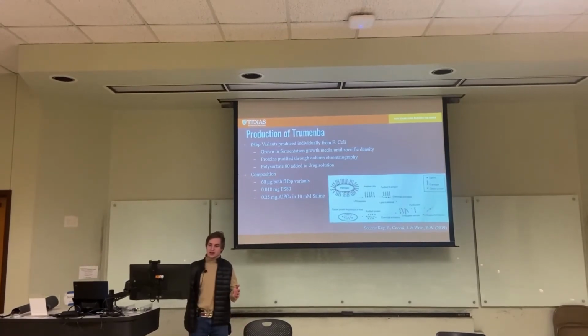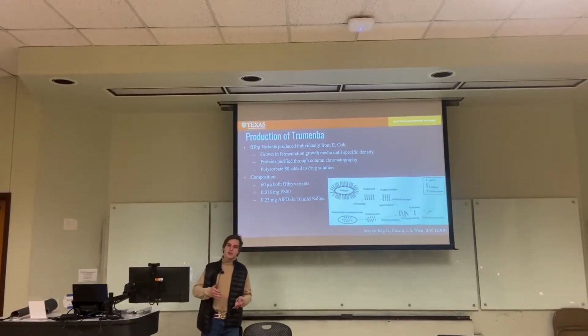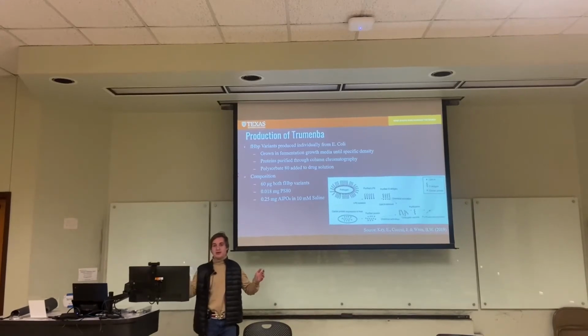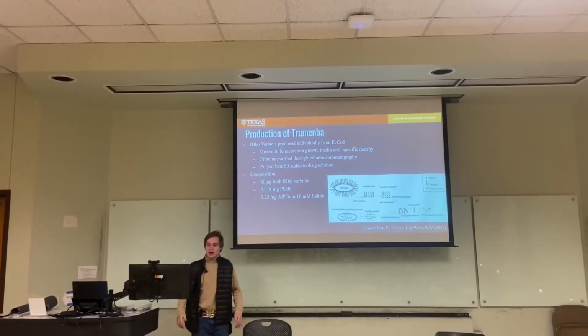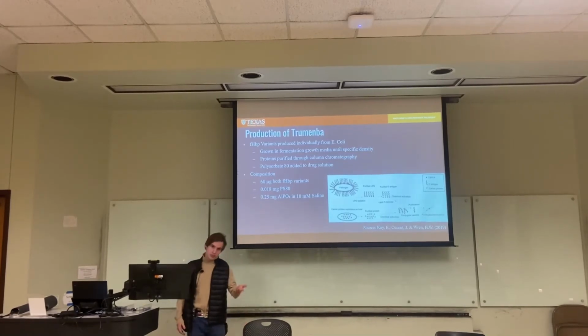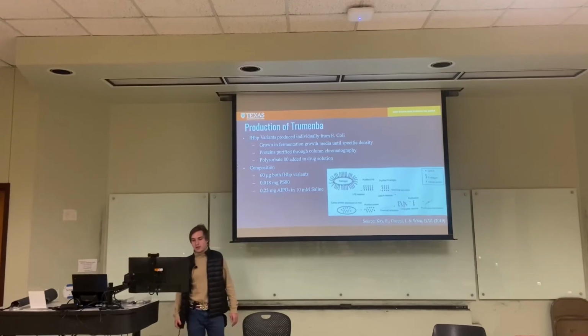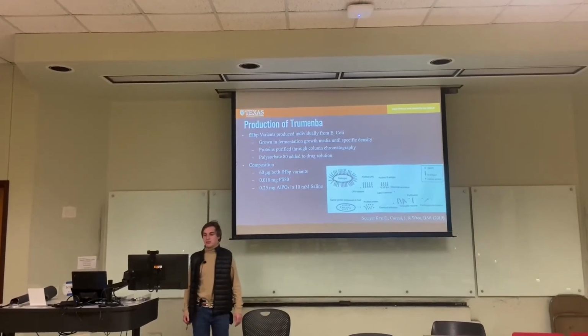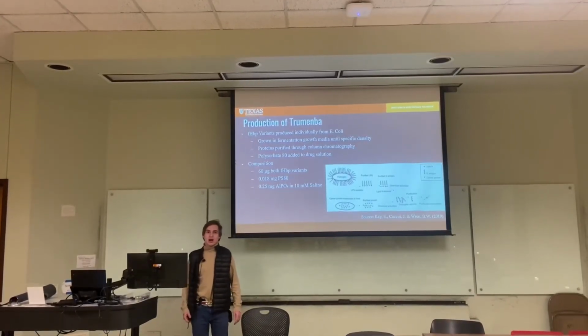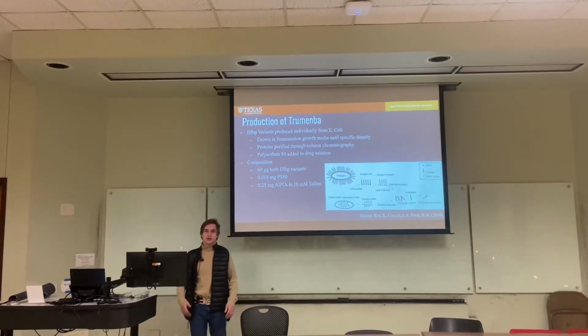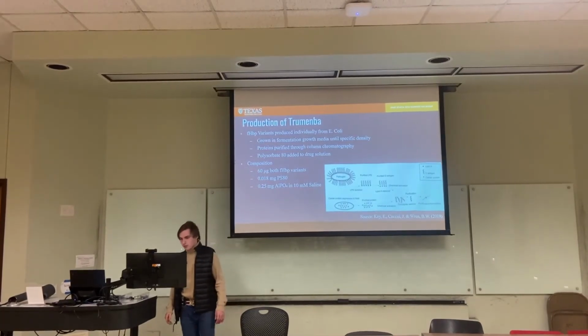This vaccine is composed of 60 micrograms of each of the FHBP variants. Then they add 0.018 milligrams of PS80 for, again, preservation. And then they add 0.25 milligrams of aluminum phosphate and 10 millimolar saline. That's just the medium that the vaccine goes into, so it's able to go into your bloodstream.